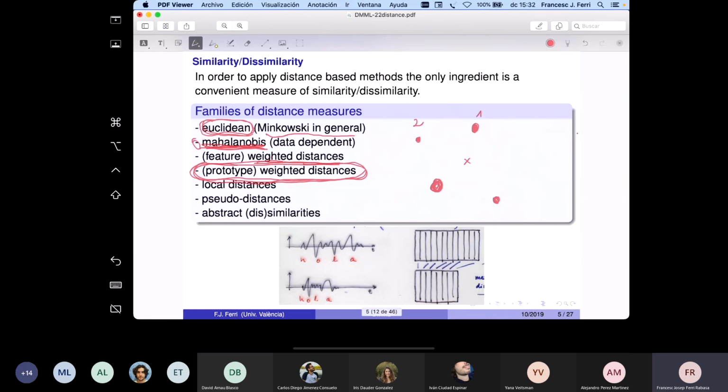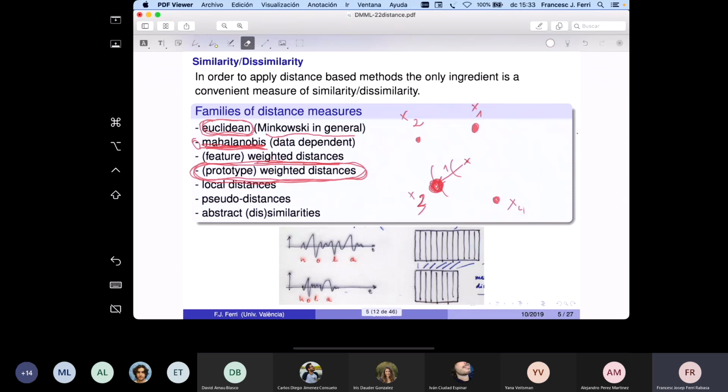When I measure the distance to these two, I multiply this by another weight. For example, this one has the greatest weight. Imagine that when I measure the distance from here to here, this is at distance 1. And for x1, this is 3.